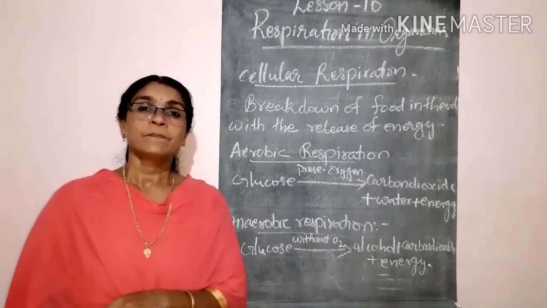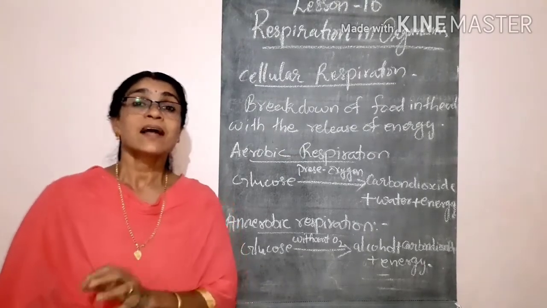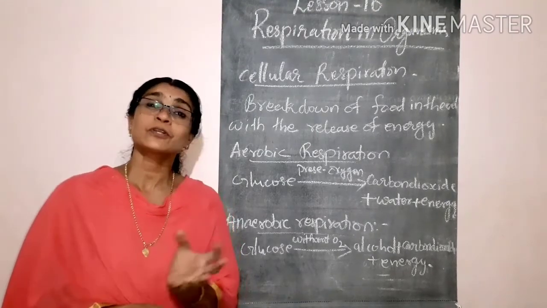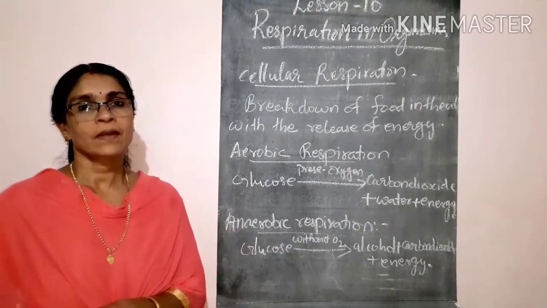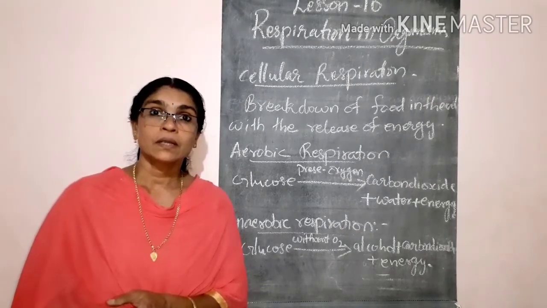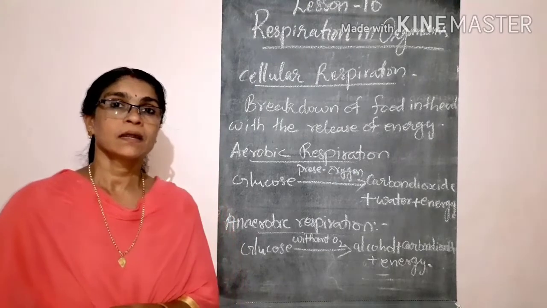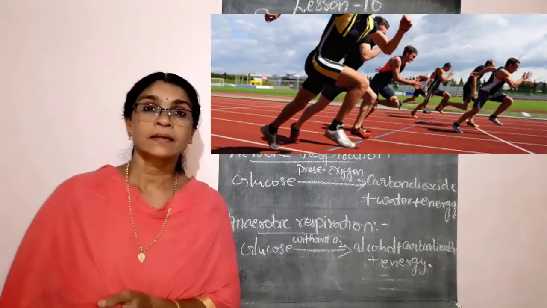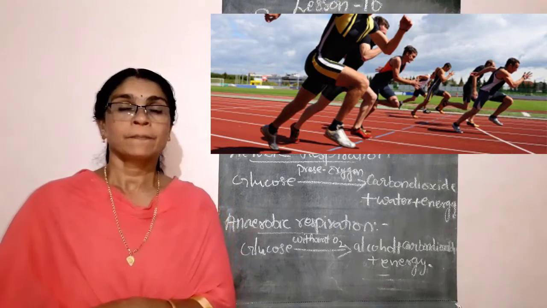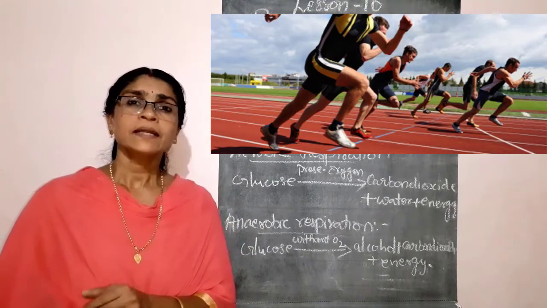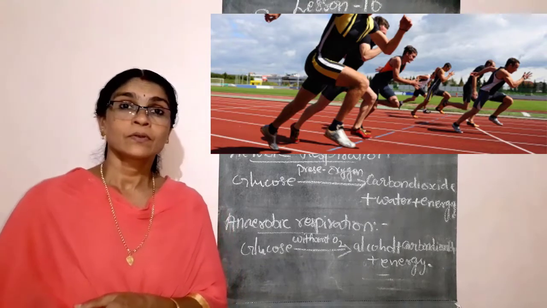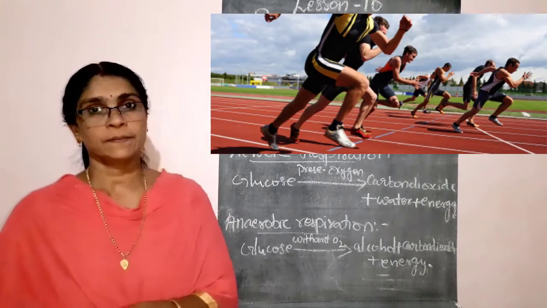In our body, muscle cells also carry out anaerobic respiration, but only for a short time. During heavy exercise like running, cycling, heavy weightlifting, at that time our body demands more energy.